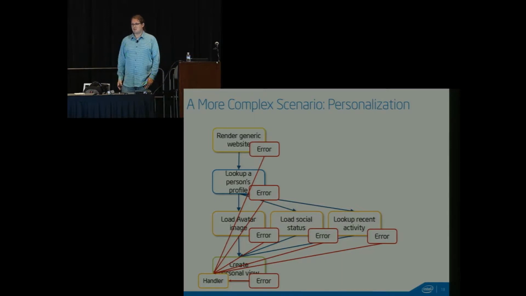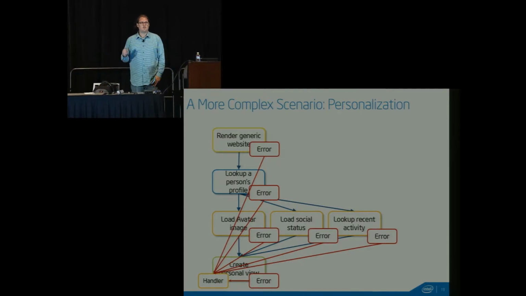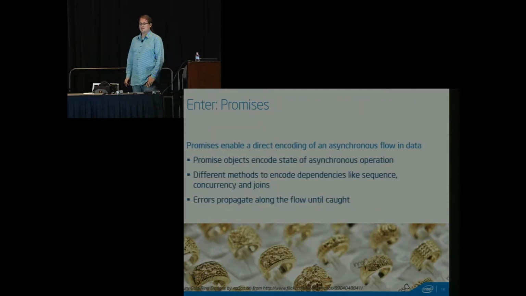Because now, for every error, you have to go to your handler somehow. And this is the point when your code really becomes messy. This is the point when it really becomes hard to understand what the code actually does, where it goes, what the dependencies are. And this is where I believe promises come in really nicely. This is, for me, what promises are all about.